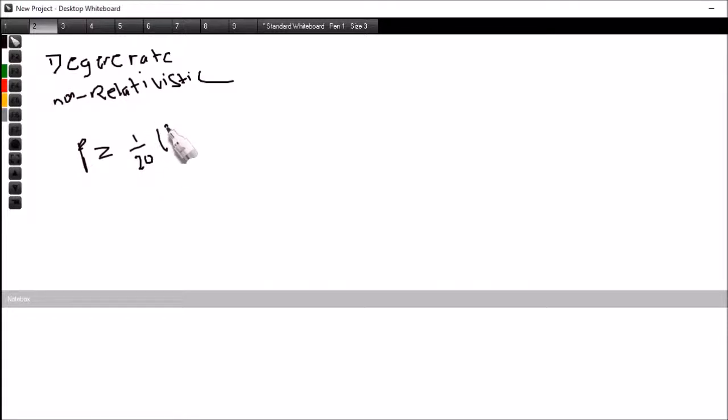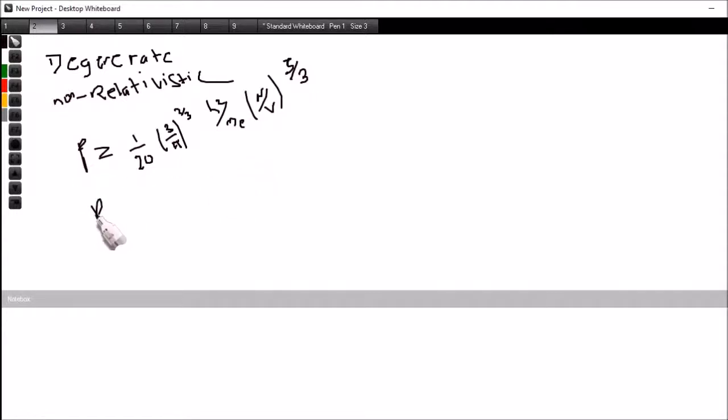It is given by 1/20, 3/pi, then 2/3, h squared over m_e, then n/b to the power 5/3. So this is the formula that I am going to use.